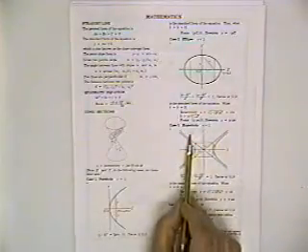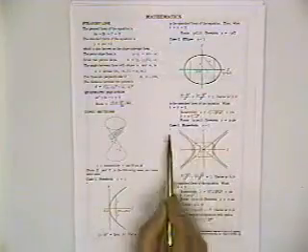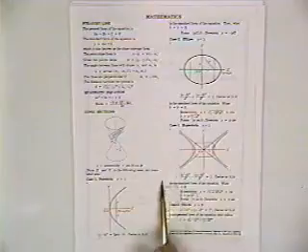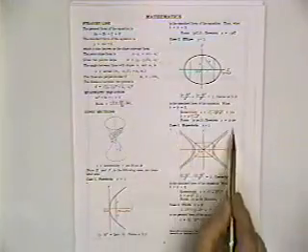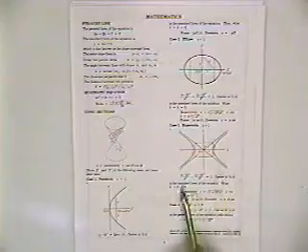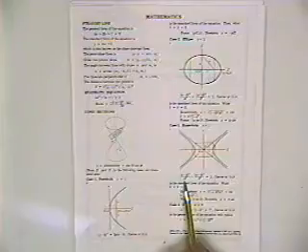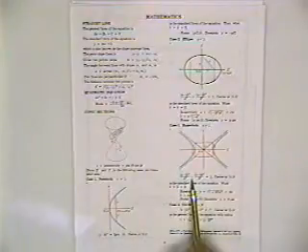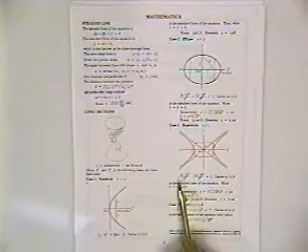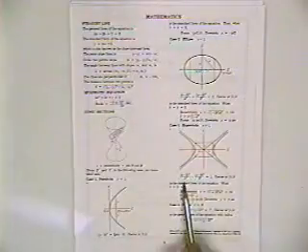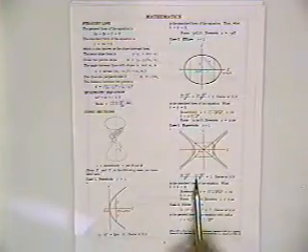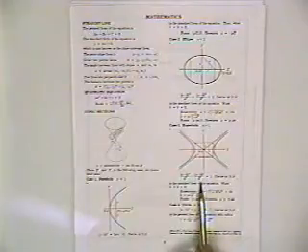A hyperbola is an open curve, and the hyperbola parts are shown here on the left and the other one on the right. The general form of the hyperbola at first looks a little bit like the general form for the ellipse, but there is an all-important difference in the algebraic sign between the two terms, because you will notice there is a minus sign between the first term, x minus h quantity squared divided by a squared, and the y minus k quantity squared divided by b squared.